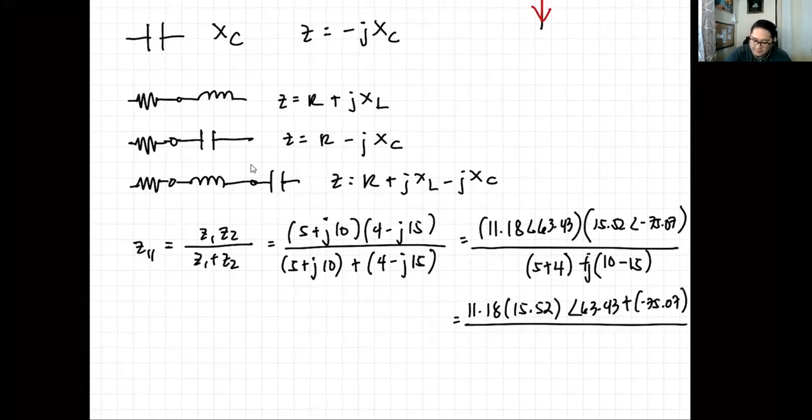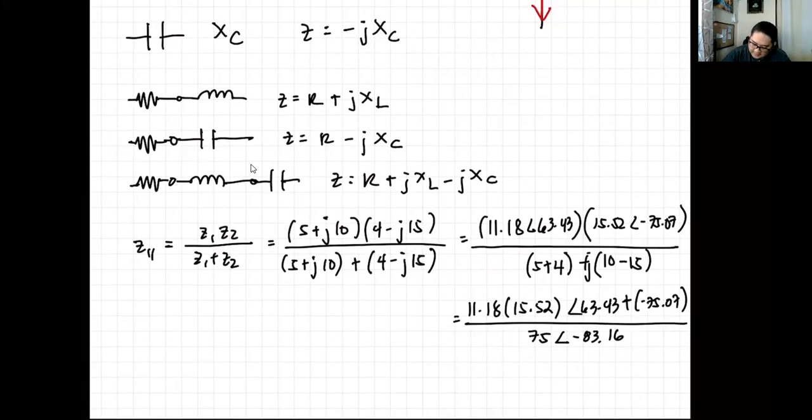Then yung polar form nung ating nasa ilalim, that is 9 angle of negative 75.07. That is 75 angle of negative 83.16. Okay? Simplify lang natin yung numerator natin.